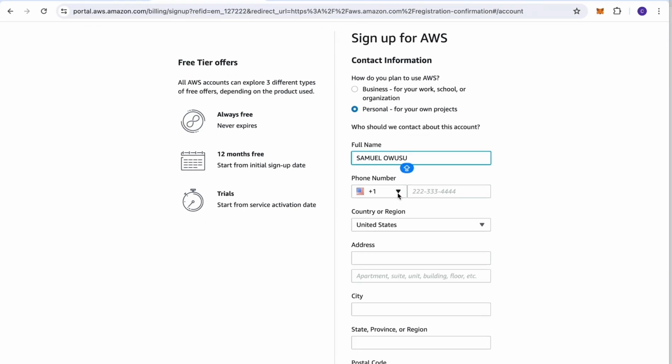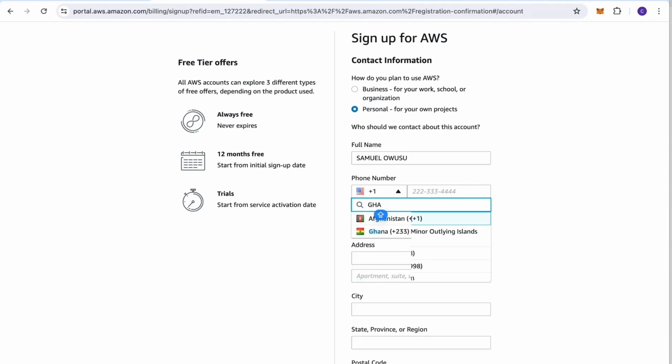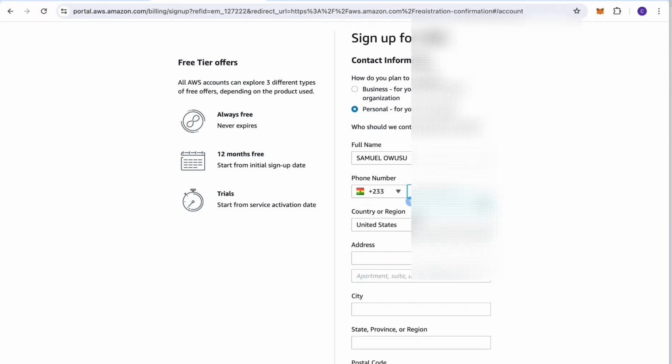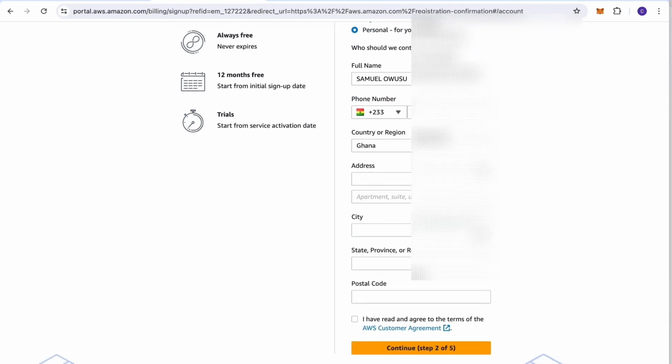Phone number. Let me scroll through and then check for Ghana. I'm in Ghana.